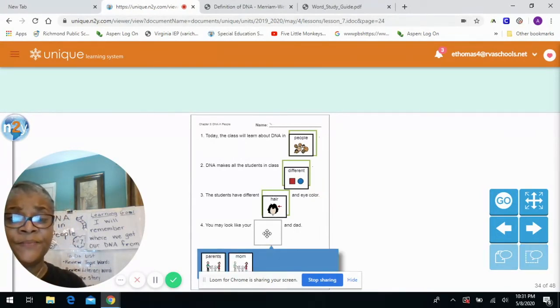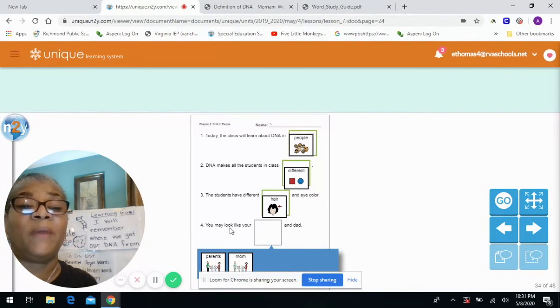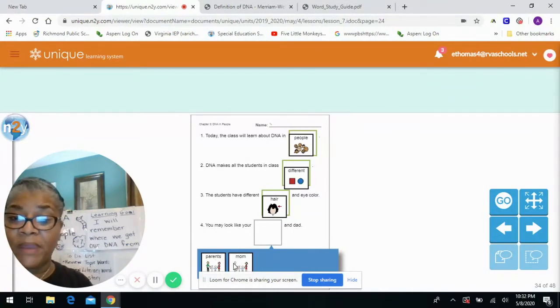Let's look at this question. It says you may look like your blank and dad. Dad is one of your parents. So between these two, parents and mom, you couldn't say you may look like your parents and dad.